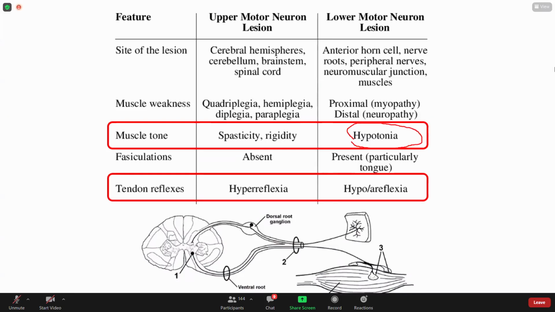When this inhibition of unwanted movement is lost in upper motor neuron lesions, this leads to exaggerated reflexes. This is why it's called hyperreflexia, and it's a sign of an upper motor neuron lesion. Whereas in lower motor neuron lesions, there is loss of the reflexes.